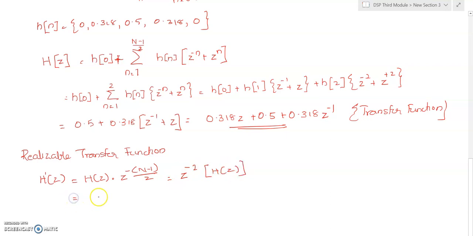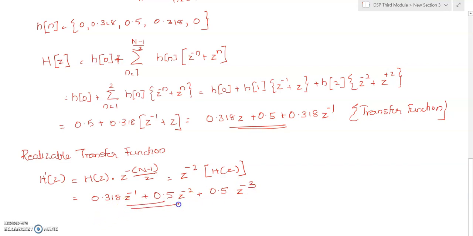So when we look at this particular equation and multiply it with this term, it becomes 0.318 z raised to minus 1 plus 0.5 z raised to minus 2 plus 0.5 z raised to minus 3.